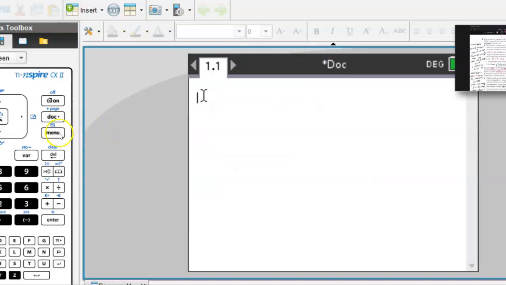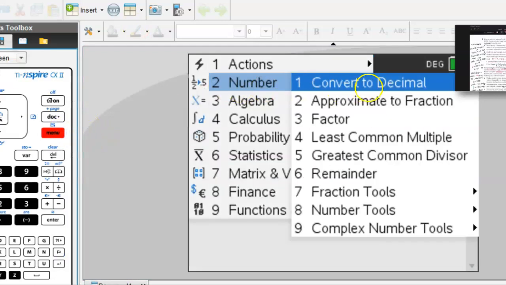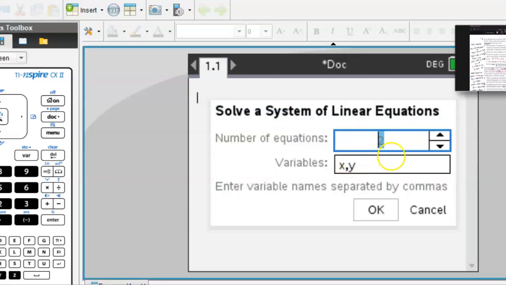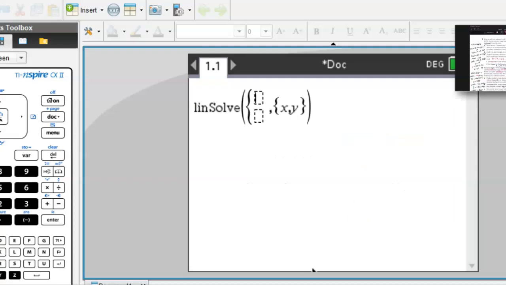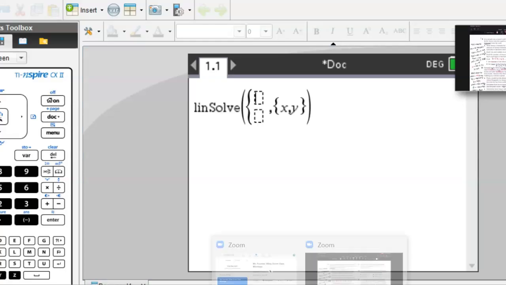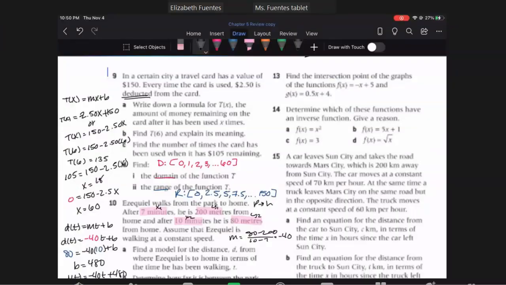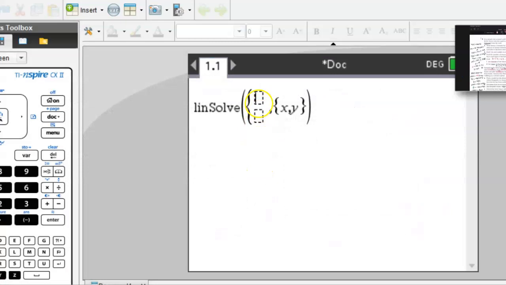So, menu, algebra, instead of numerical solve, simultaneous equations. You're going to have two variables. And then you are going to look at your y values. So let's see. It is negative x plus 5.